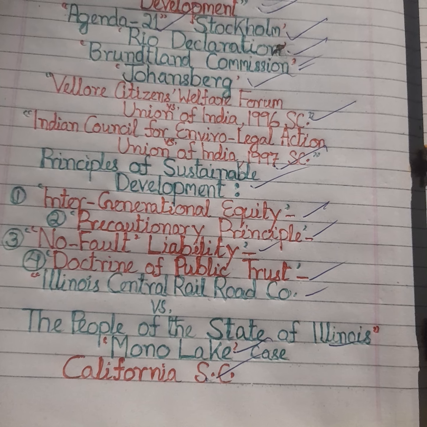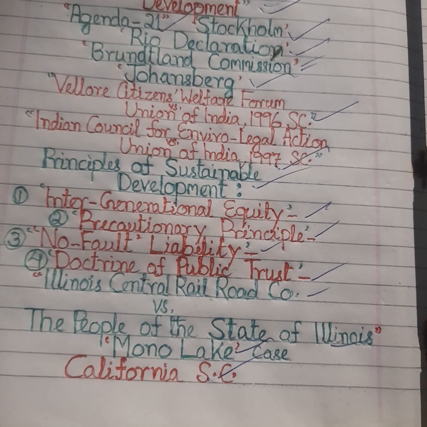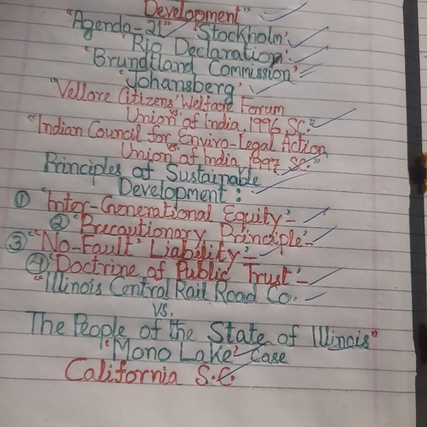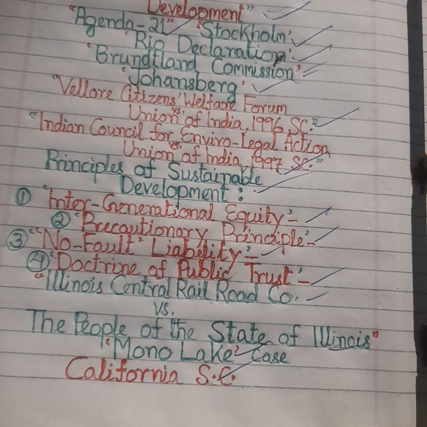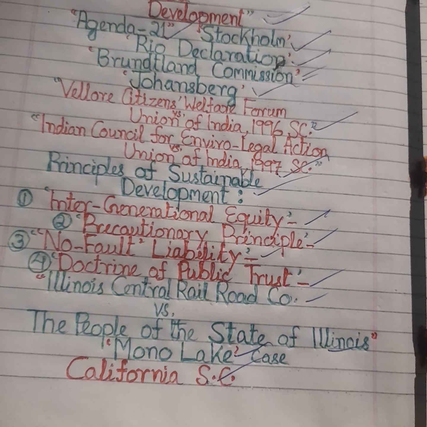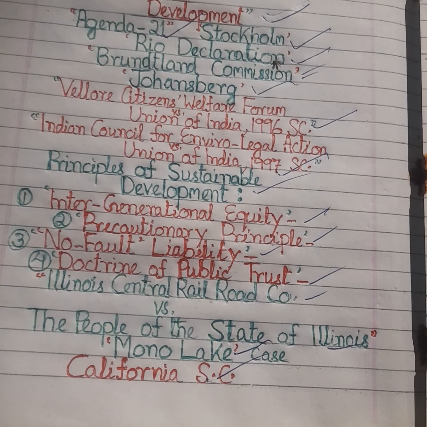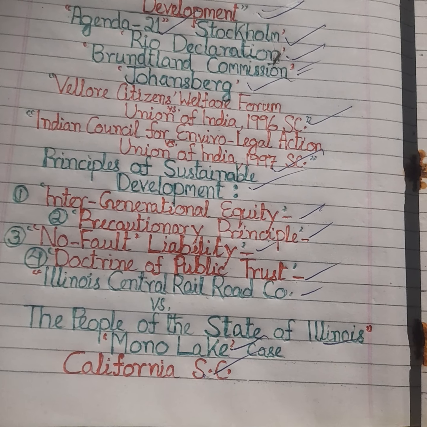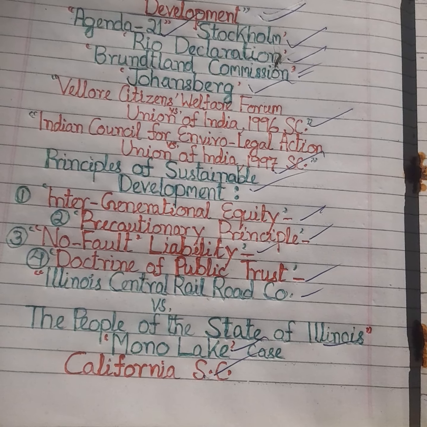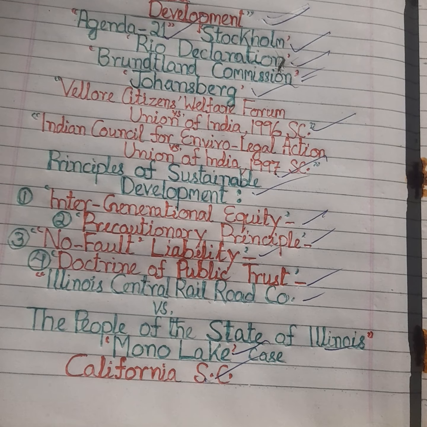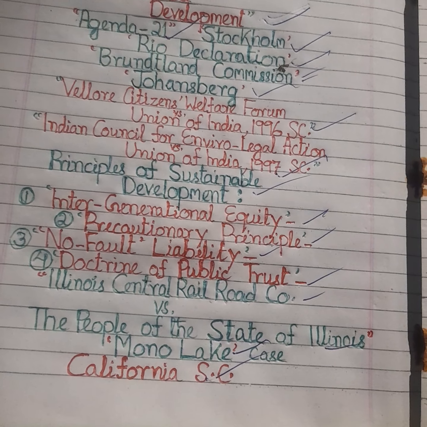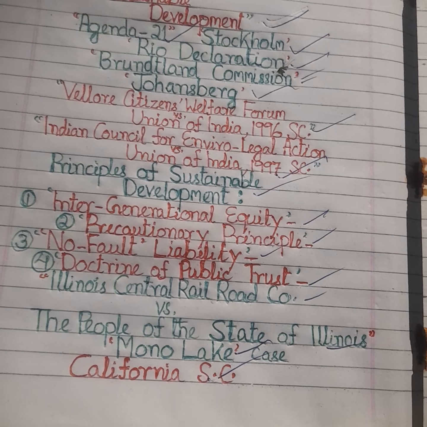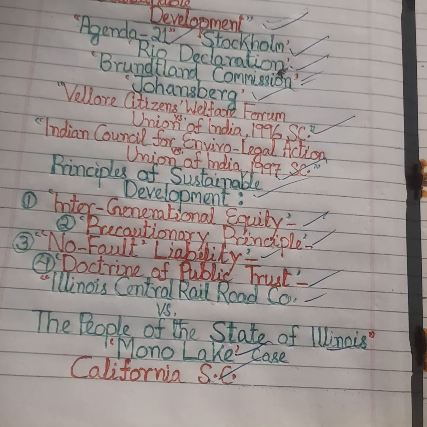While discussing the doctrine of public trust, we saw how the idea was borrowed from the Roman maxim, and how the American Supreme Court laid emphasis on it in the leading case Illinois Central Railroad Company versus the People of the State of Illinois, and also the famous Mono Lake case decided by the California Supreme Court, which also laid emphasis on the doctrine of public trust.